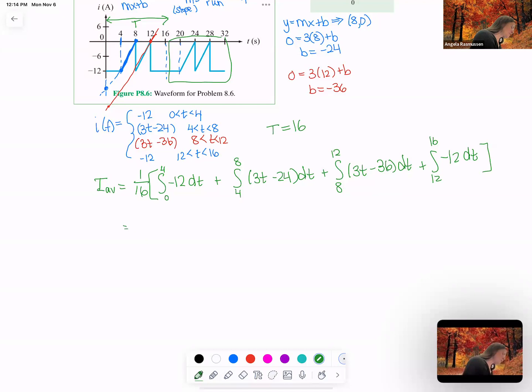And so if I integrate, this minus 12 becomes minus 12t, and then I evaluate for t from 0 to 4. When I integrate the 3t minus 24, that becomes 3t squared divided by 2 minus 24t, and I evaluate that from 4 to 8.